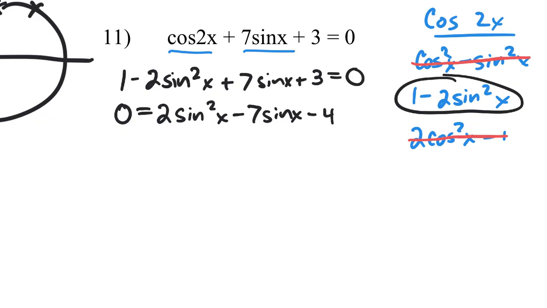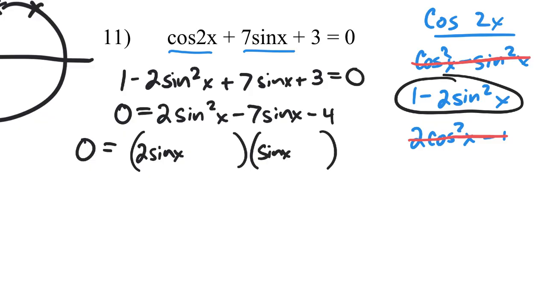So this is a familiar setup at this point. I'm going to solve through factoring, and the zero product property will get me to my answer. I know that 2 is prime, so 2 sine x and sine x will be in my lead positions. The minus 4 will plug in here, and the plus 1 will plug in there. So we've factored, and now we can solve.